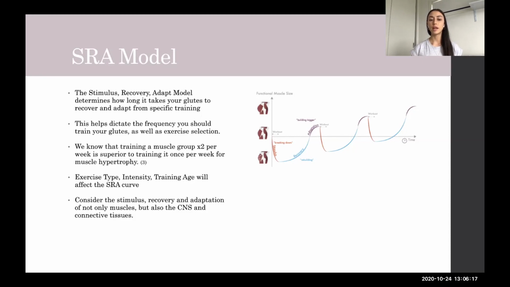So we know that training a muscle twice per week is superior to training it once per week. So the typical bro split of doing glutes and hamstrings on day 1 of your leg day, and then when you revisit your leg training on a Thursday, you might do quads and calves. You'd actually be better off merging those and going for a more hybrid approach.